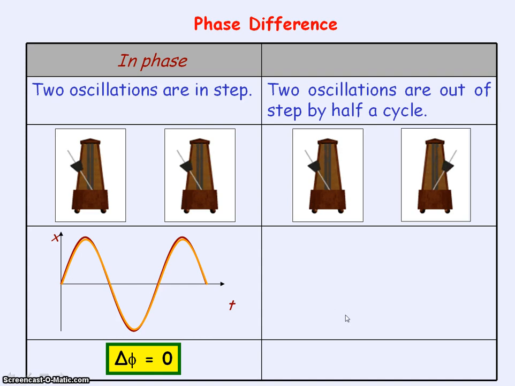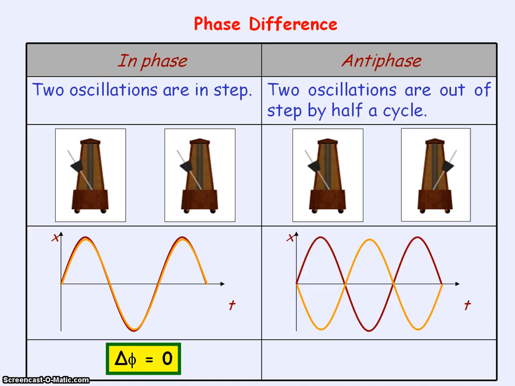If the two oscillations are out of step by half a cycle or half an oscillation, we say they are in antiphase. And we can represent the displacement time graphs of these two oscillations as this, where the time when one oscillation has maximum positive displacement, the other oscillation will have maximum negative displacement.